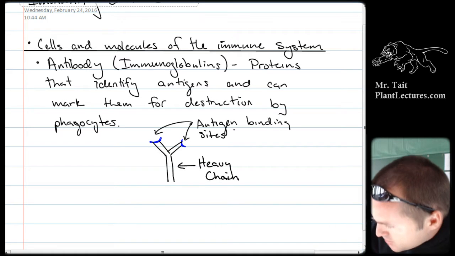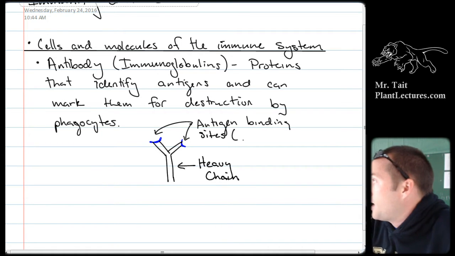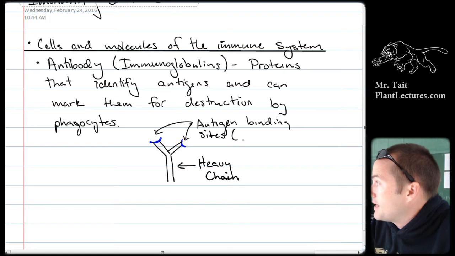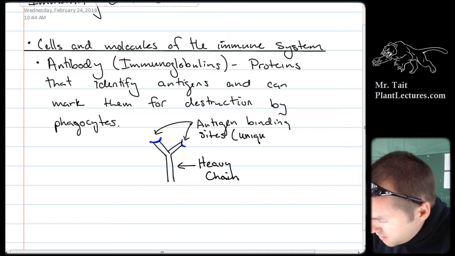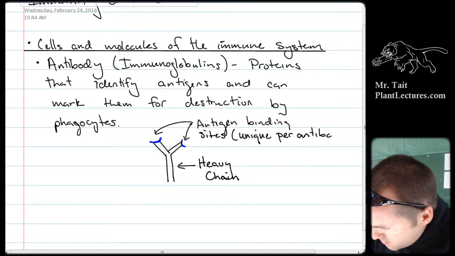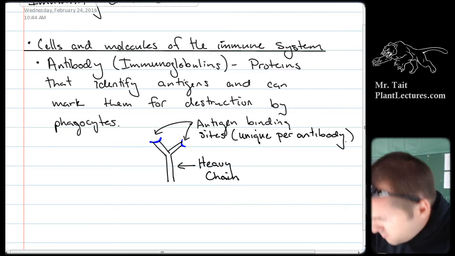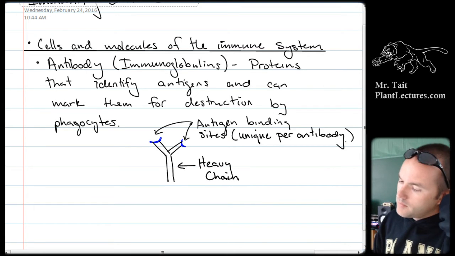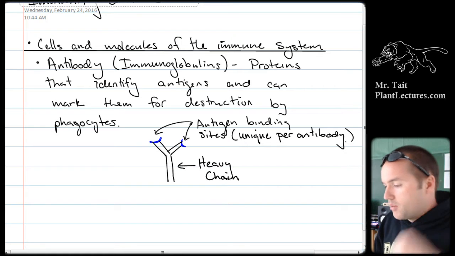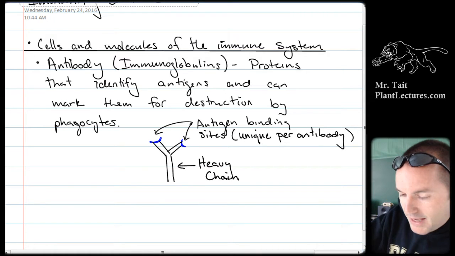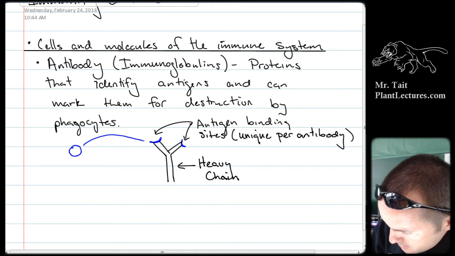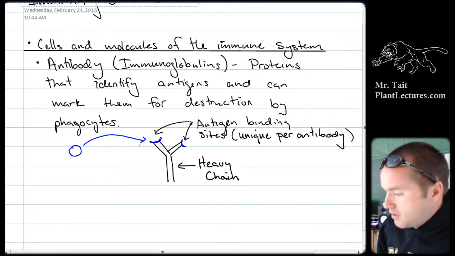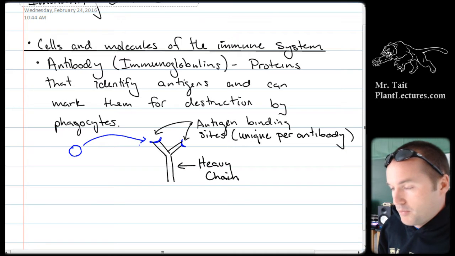And the thing about an antigen binding site is every antibody is going to have a unique antigen binding site. So unique per antibody. So you can then expect that if there was an antigen that was like a blue circle here, that blue circle might bind to that antigen binding site, and it would be able to identify it.